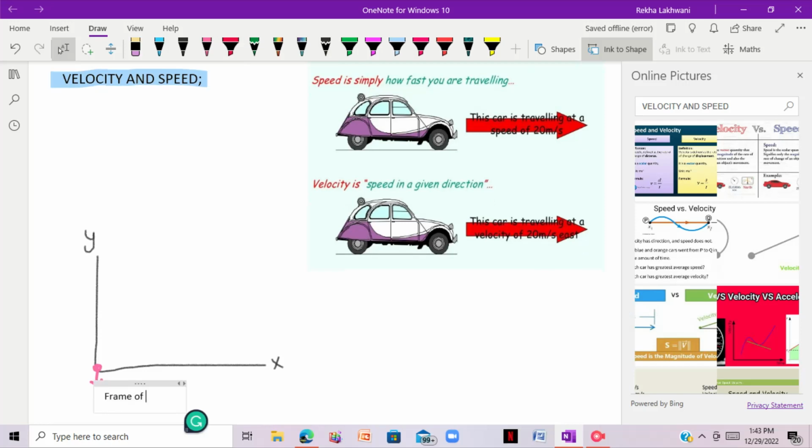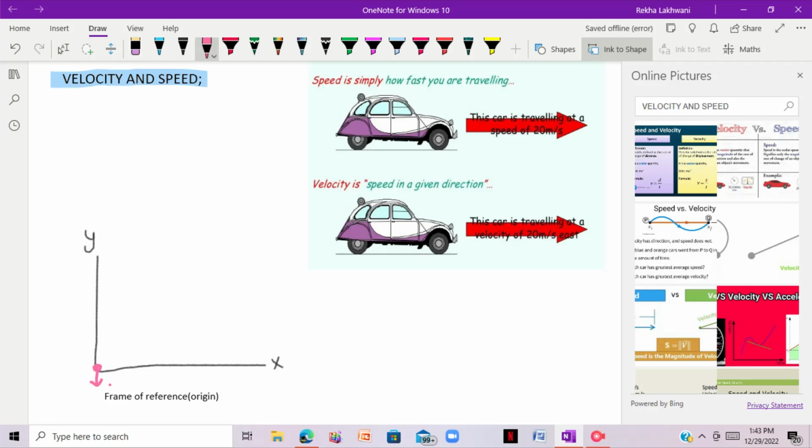Let's draw a vector r from this origin to this point. So this is our vector r1, right?